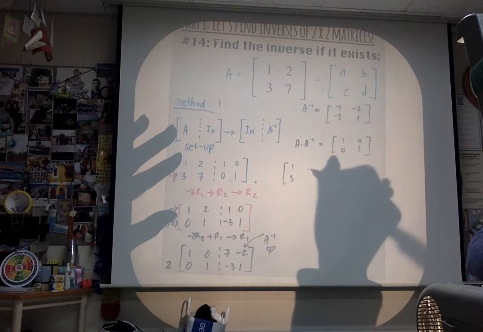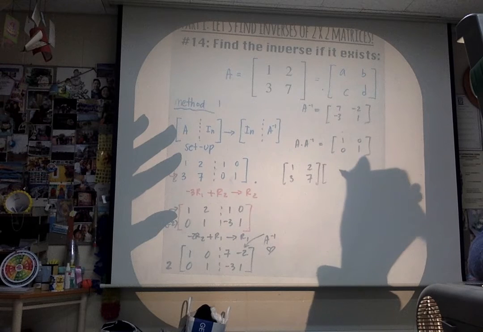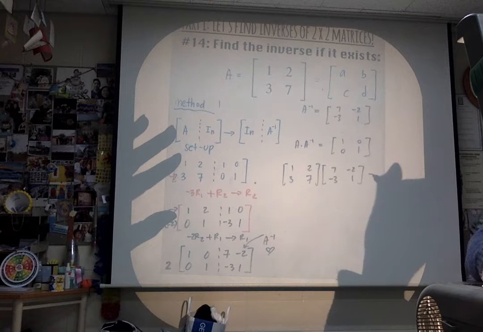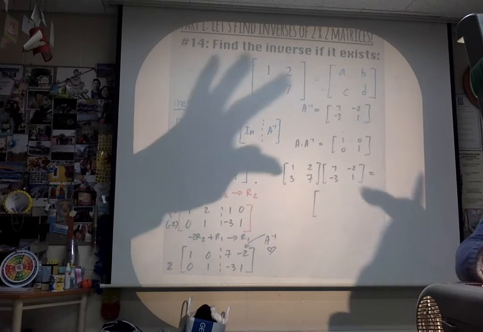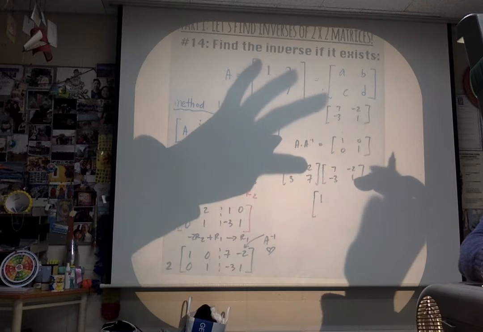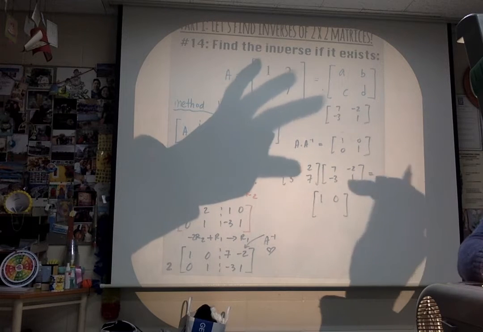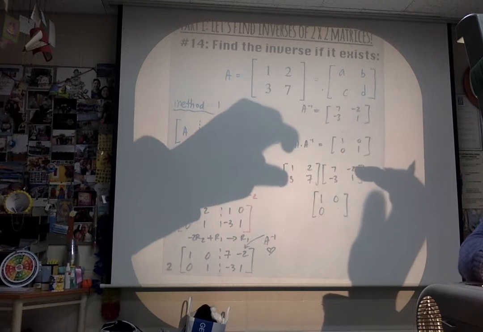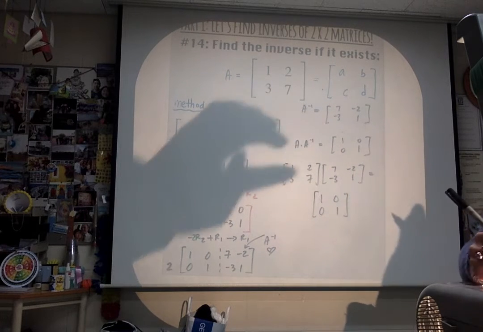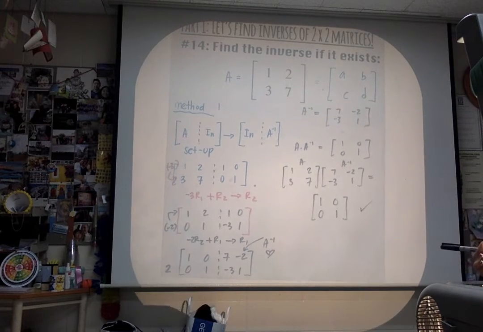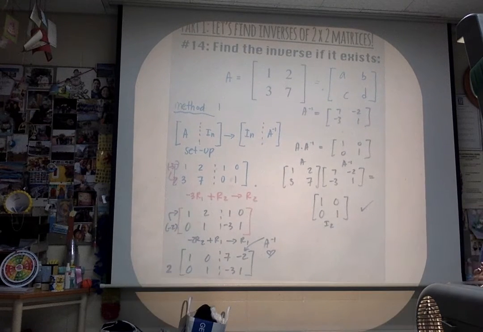I'm going to go 1, 3, 2, 7 times 7, -2, -3, 1. I better get this or else. 7, -6, that's 1. -2, 2, that's 0. First row, complete. 21, -21, and -6, 7, yes! All right, so A times A inverse equals an identity matrix. So we're good to go, okay?